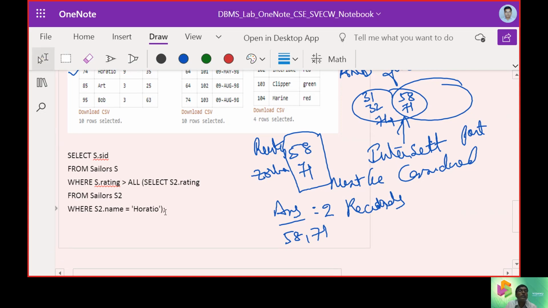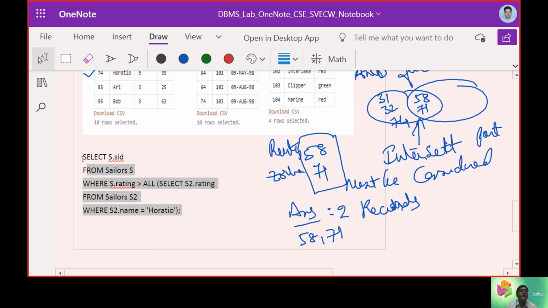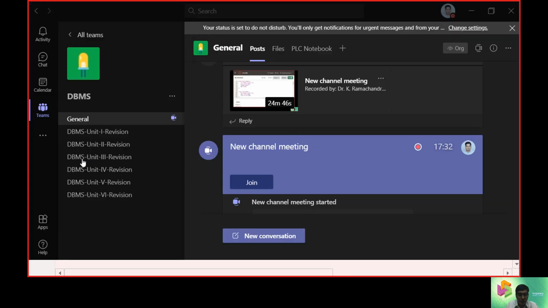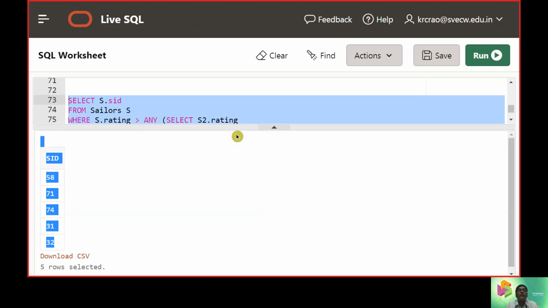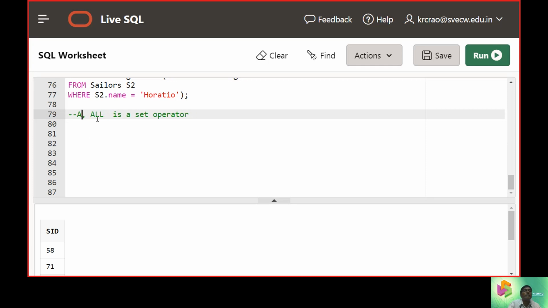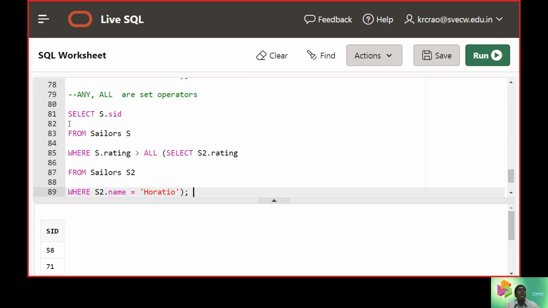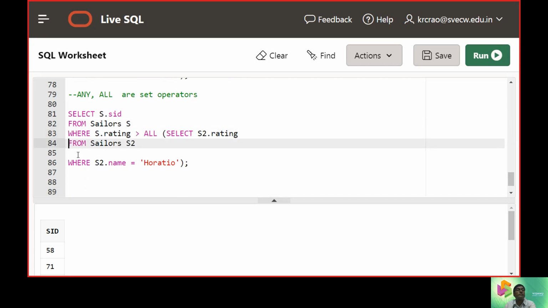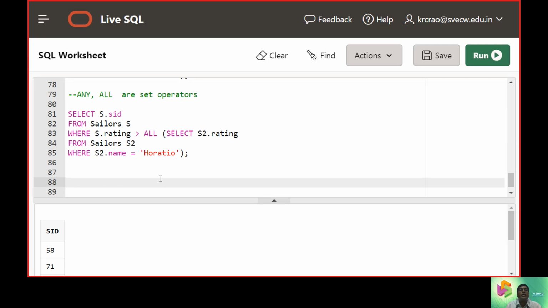So we will take up the query for execution and move it to the SQL part. So I can write any and all. We are bringing up this query here.